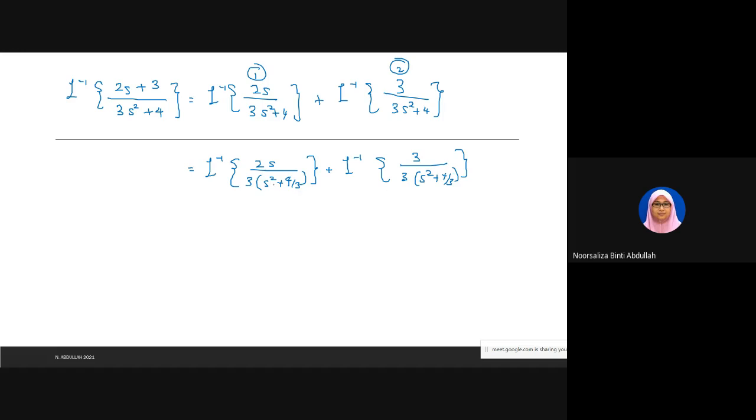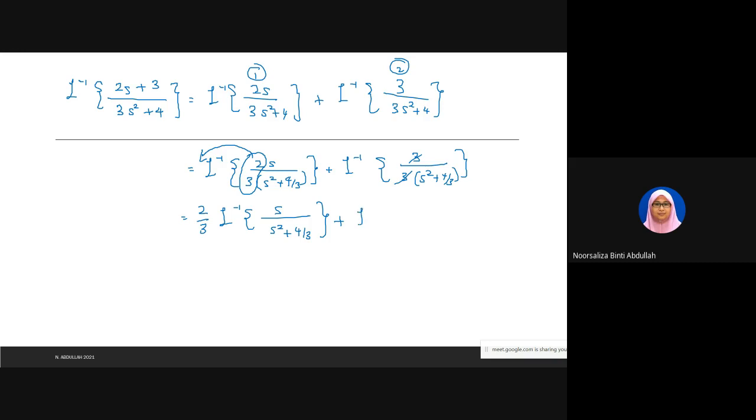So this 2/3, this one, you boleh keluarkan. Then you have 2/3 inverse Laplace s over (s square plus 4/3). Plus 3 dengan 3 ni you can cancel.